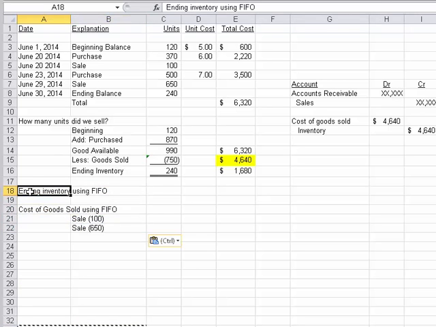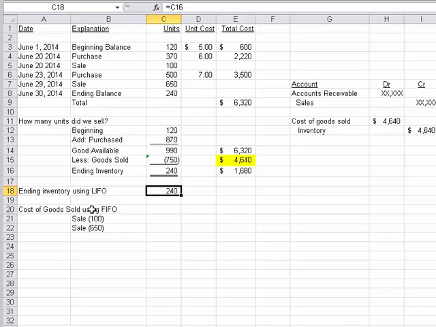So this time we're going to calculate ending inventory with LIFO. Again, we know the units are 240. But with LIFO, we assume the last one in is the first one out, which means what's in inventory is what you started with.